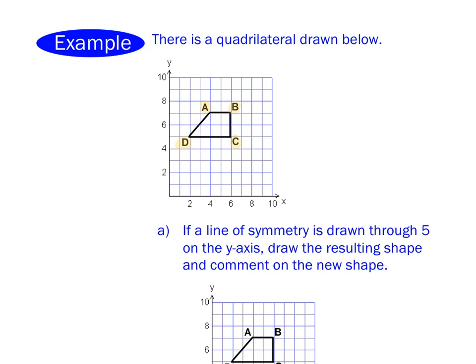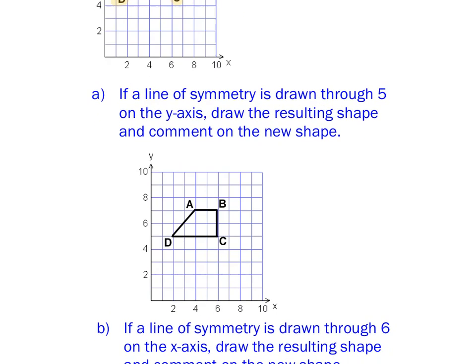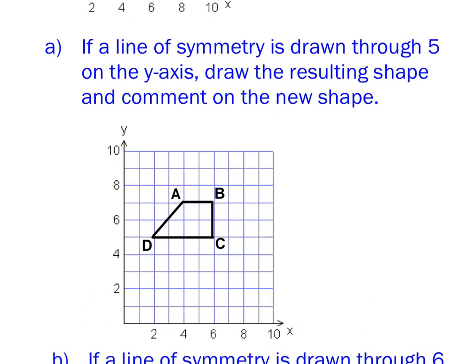So let's take a look at part A. Part A says, a line of symmetry is drawn through 5 on the y-axis. Draw the resulting shape and comment on the new shape.